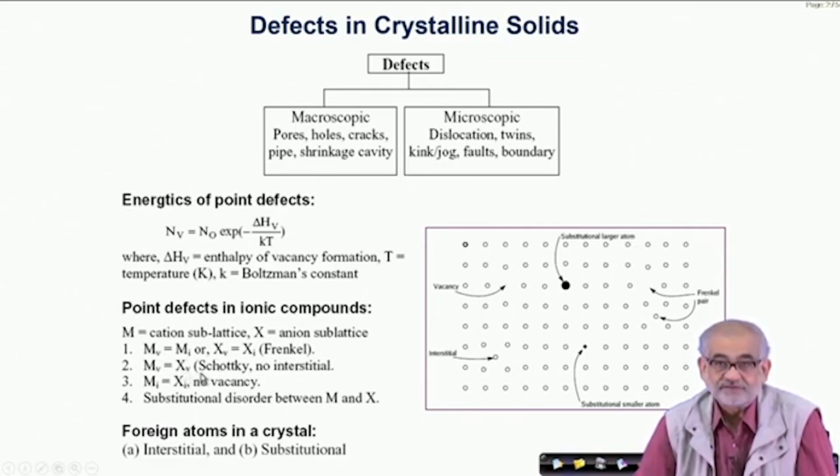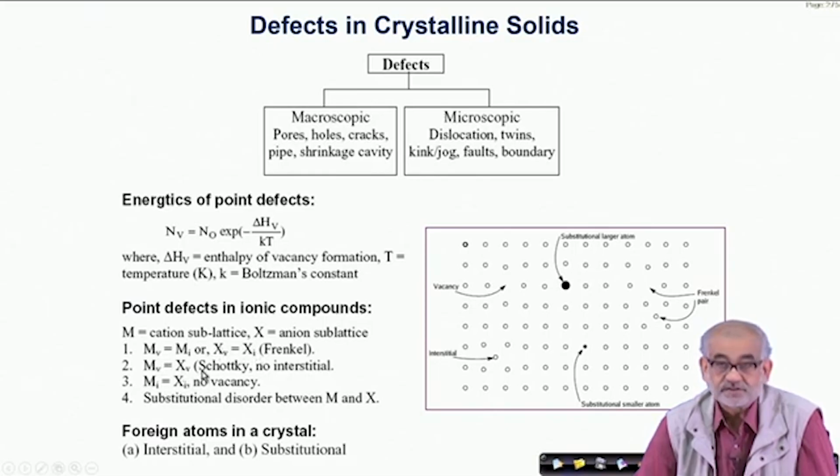You can also have vacancies both in the cationic sublattice and anionic sublattice. So in case of Frenkel disorder, we have an equal number of vacancies and interstitials either in the cationic sublattice or in the anionic sublattice.